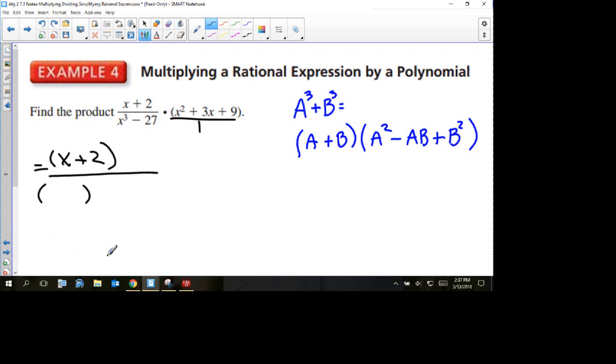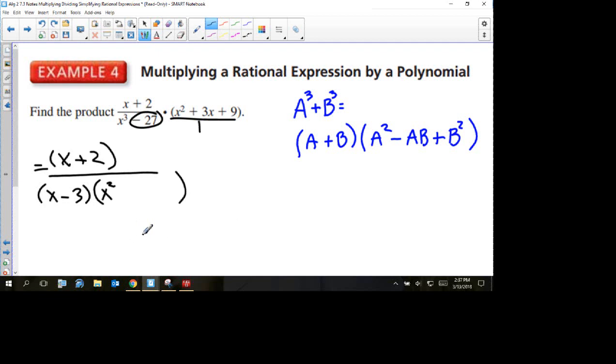What's going to be in that parenthesis? It goes from x cubed to what? x. And then what's the cube root of negative 27? Negative 3. So you write x minus 3. And then in the second parenthesis, the first term is you just square whatever's in that spot, so x squared.